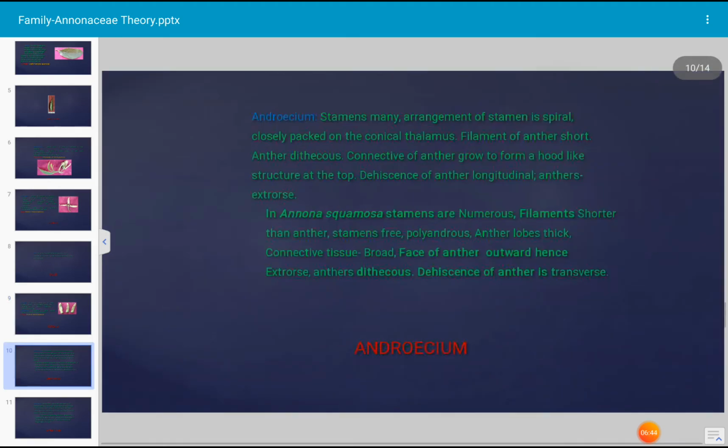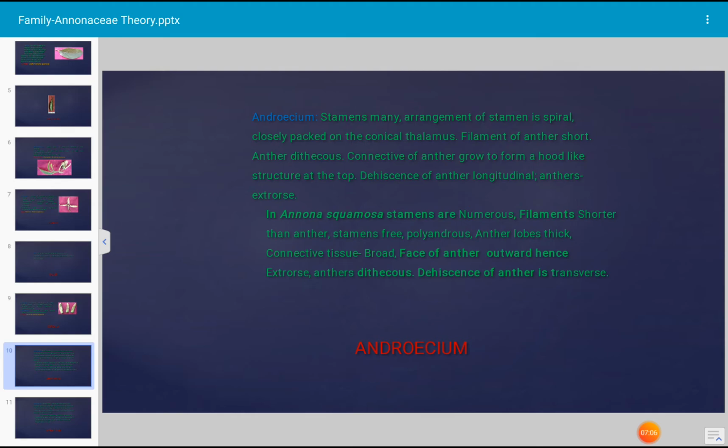Next, let us see how is the androecium. Androecium consists of stamens. Many stamens are present in the flower, and they are arranged in a spiral manner, closely packed on the conical thalamus.